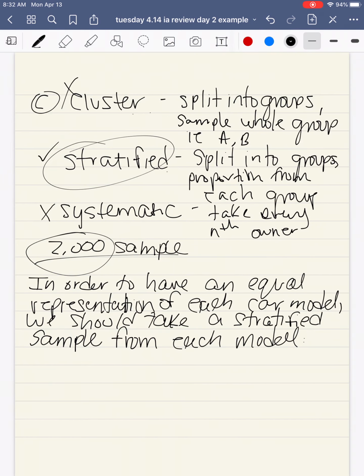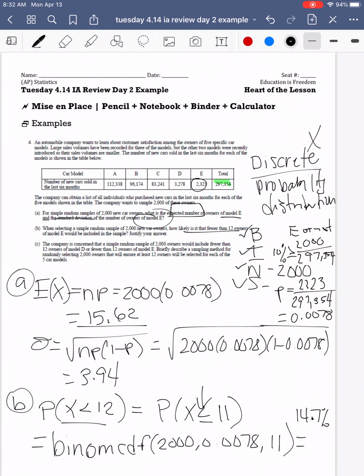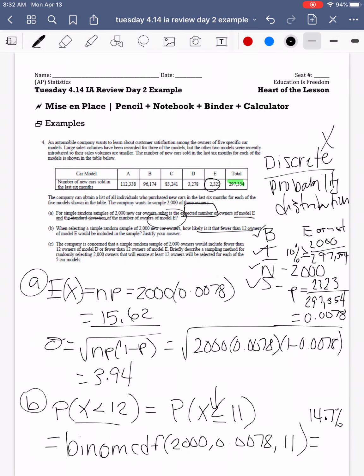So let's say we need to make sure that these proportions are equal throughout, because when stratifying, sometimes we take an even number from every single group, but sometimes we want to do an equal proportion from every single group. So similar to how we did the chi-square test for goodness of fit, sometimes we split up the total evenly, but sometimes our expected value was based on the percentages given. So we're going to do that here.